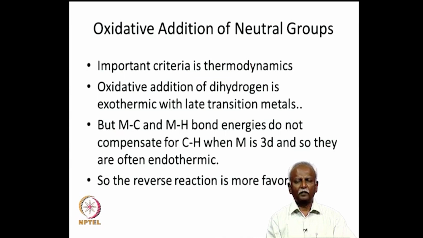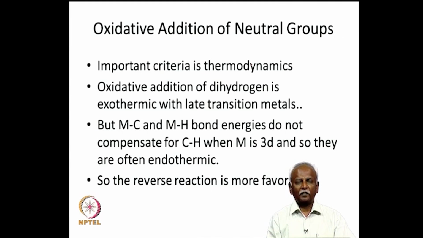So, what we have seen in this class of reactions is that CH activation of neutral bonds like aromatic CH bonds or SiH bonds can be activated and made to form M-Si, M-H bonds or M-C, M-H bonds. During the course of this reaction, the oxidation state of the metal changes by +2 units.